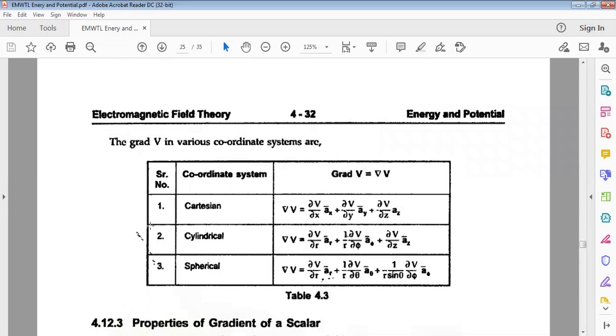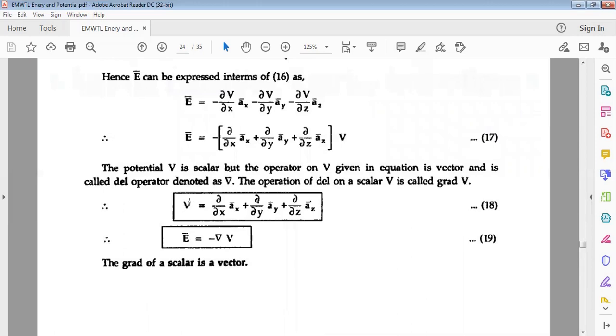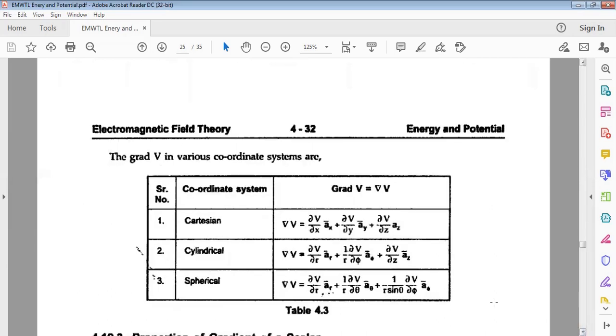In a similar fashion for cylindrical coordinates also, del V means dou V by dou x, dou V by dou y, and dou V by dou z in Cartesian. For cylindrical, del V is equal to dou V by dou r into r bar, dou V by dou phi, and dou V by dou z, where r, phi, and z are the cylindrical coordinates. Actually, phi is not alone, we get 1 by r multiplied.